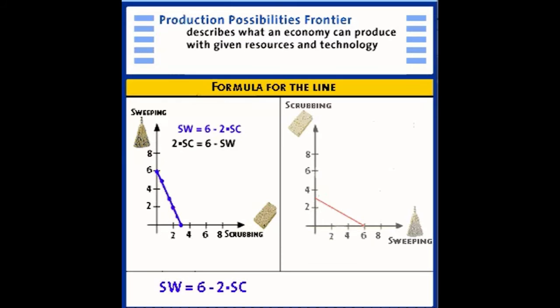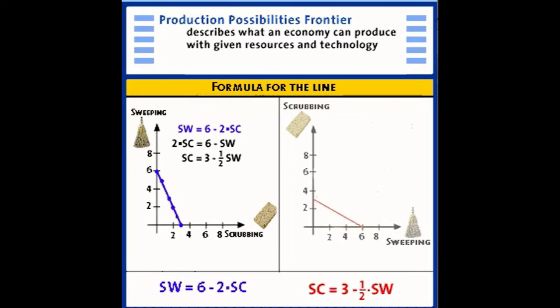So all I did was move this expression to the right-hand side and this expression to the left-hand side. I need to make sure that I change the sign when I move it over. Then let's divide both sides by 2, and I get scrubbing is equal to 3 minus 1/2 sweeping. There you have it. The production possibilities frontier can be written either way, in terms of sweeping or in terms of scrubbing.